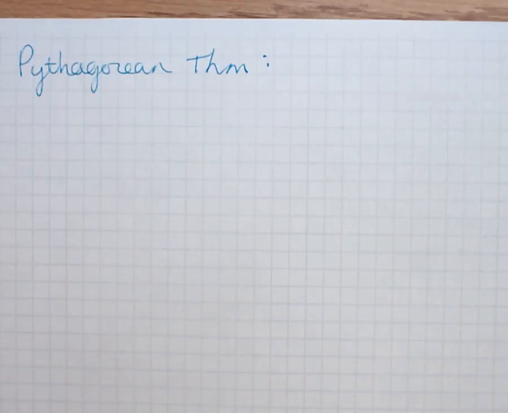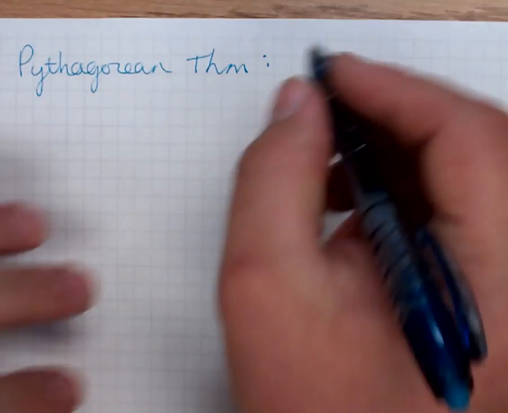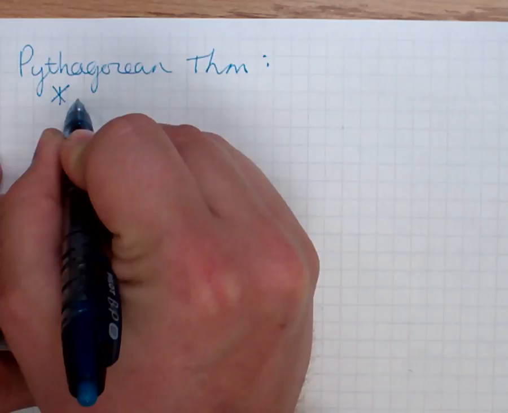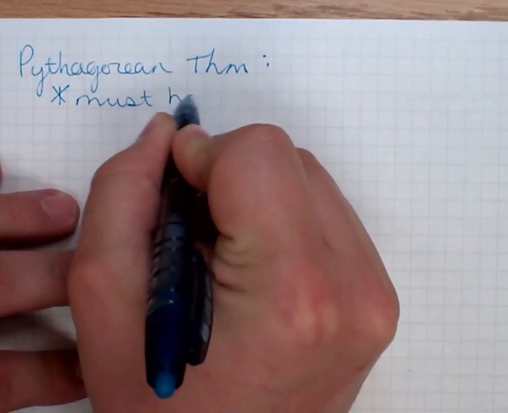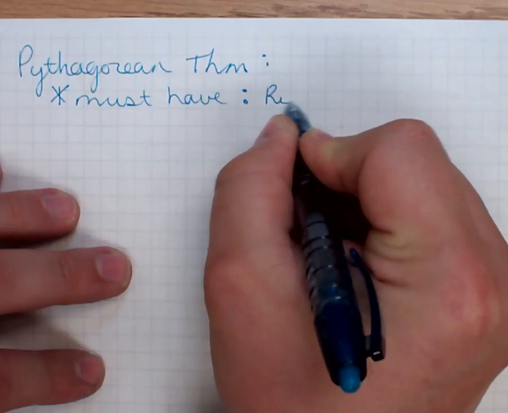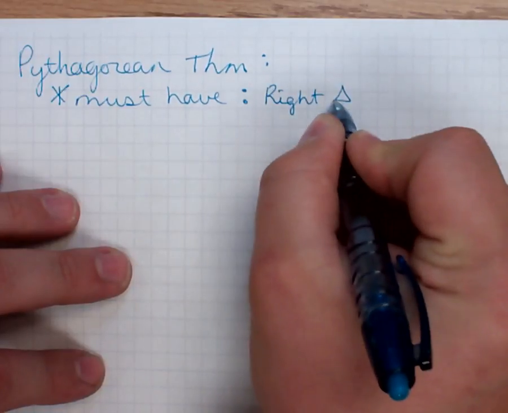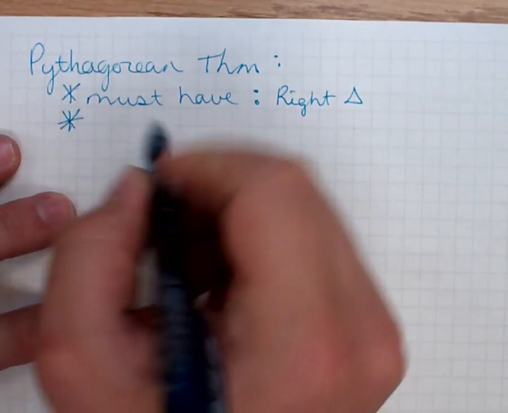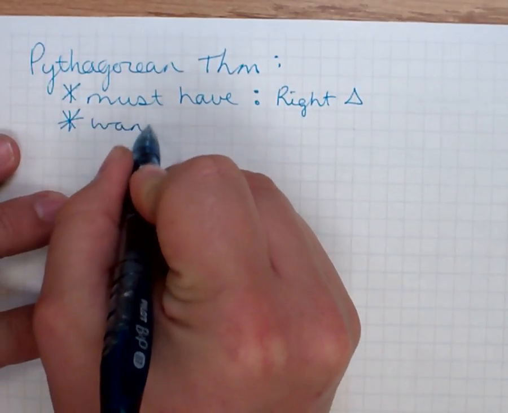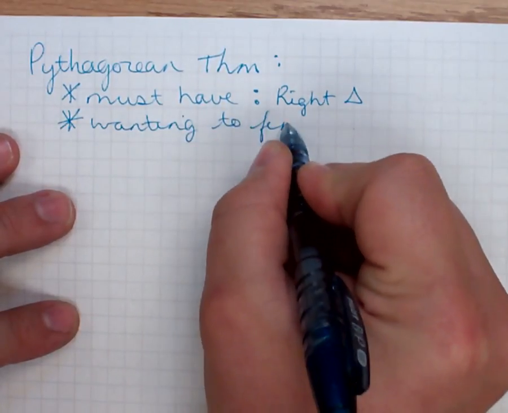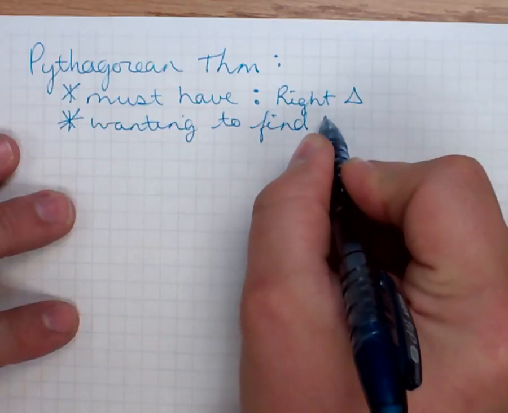Okay, we use the Pythagorean theorem when? Right triangle. We must have a right triangle, and when we're wanting to find what?